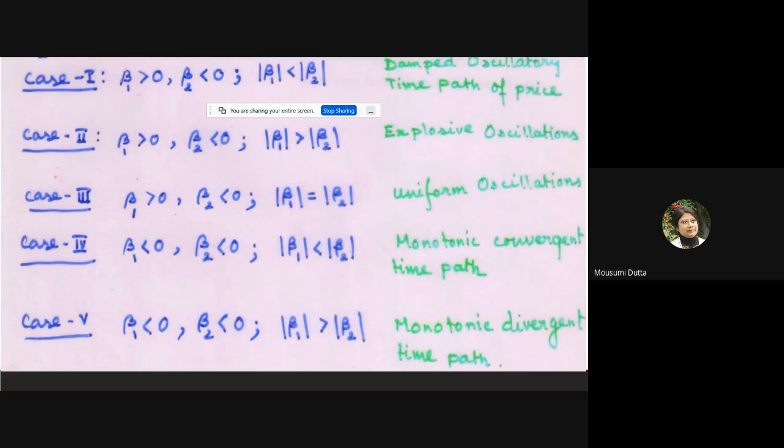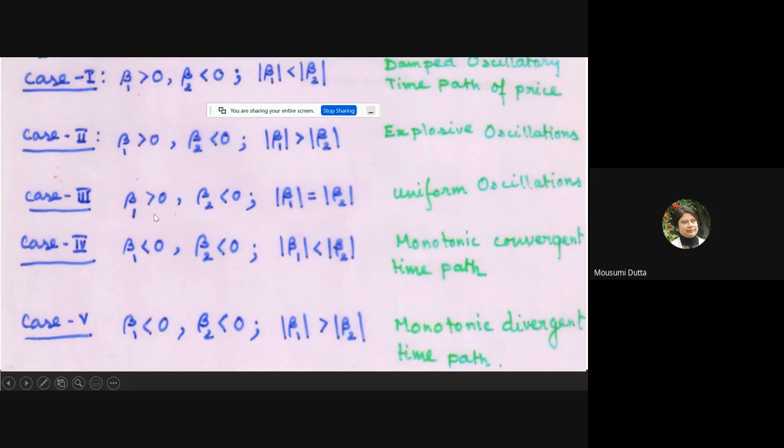Beta 1 greater than 0, beta 2 less than 0. So I'm not changing the first condition, that is supply curve is positively sloped, demand curve is negatively sloped. However, mod beta 1 greater than mod beta 2, that is mod beta 1 by beta 2 greater than 1. In that case, you will get explosive oscillations.